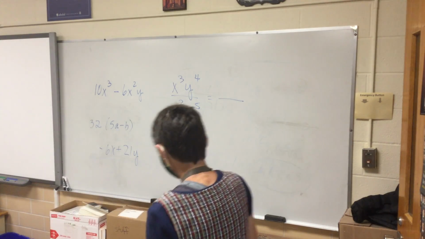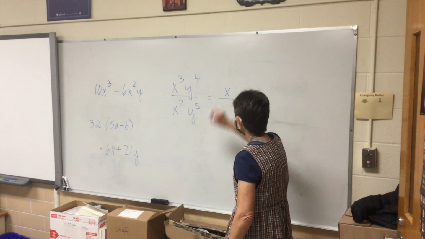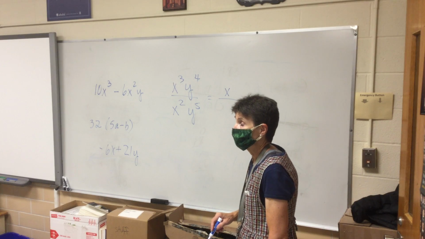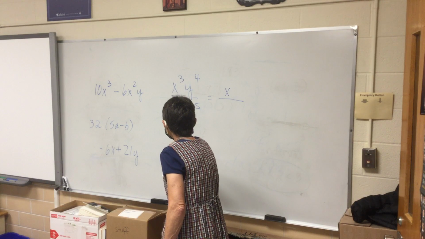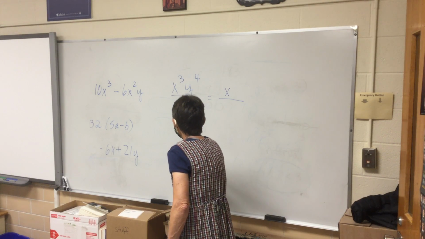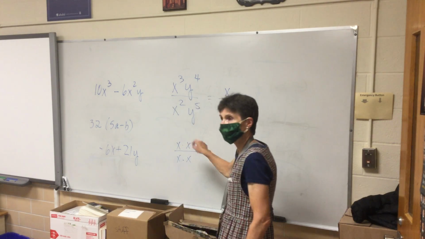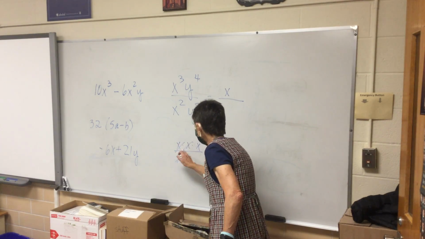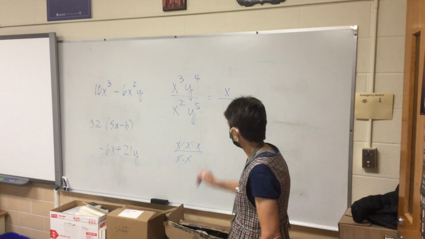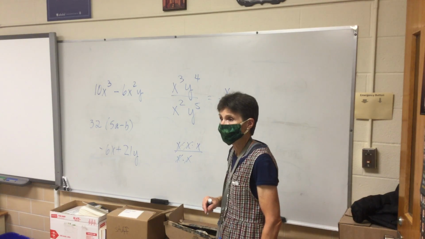The top has more than the bottom, so we're going to have an x on the top. If you're confused by that, think about x cubed over x squared. If you wrote it out longhand, see how these cancel? And you're left with 1 extra x on the top.